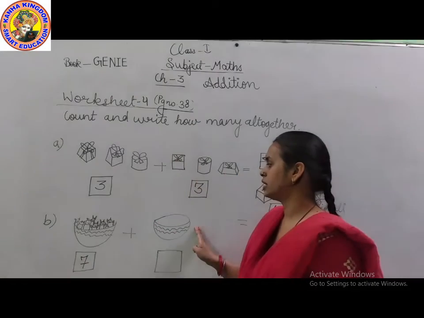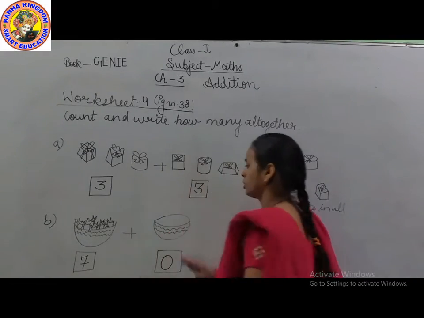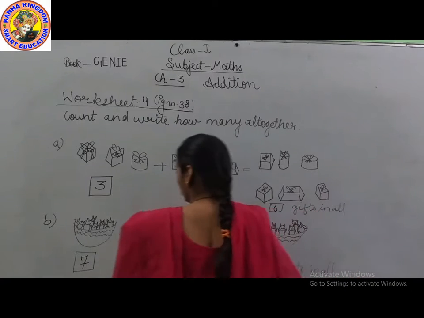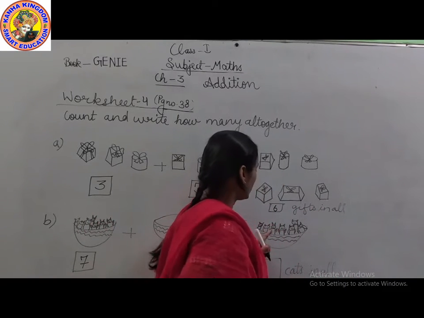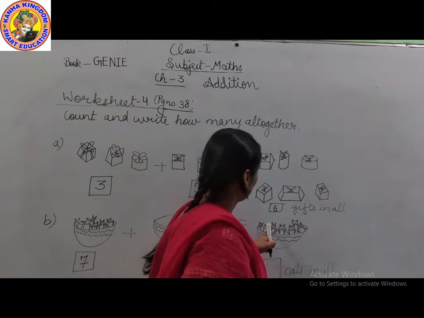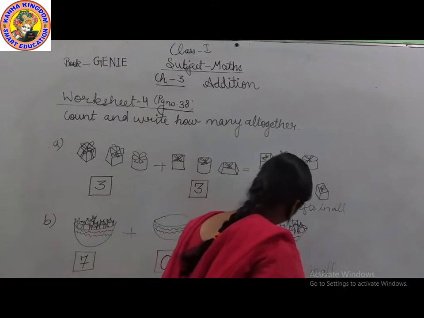How many cats in the second group? No cats means we write here 0. Now 7 plus 0 equals how many cats altogether? 1, 2, 3, 4, 5, 6, 7.